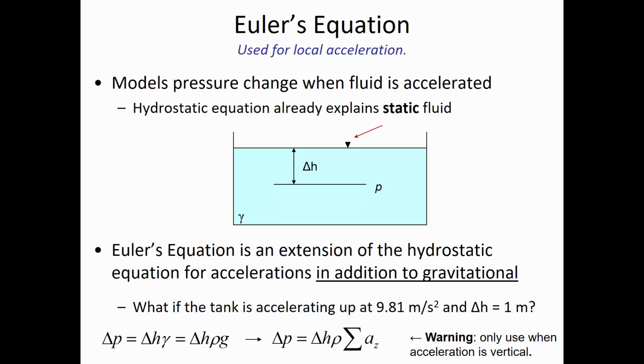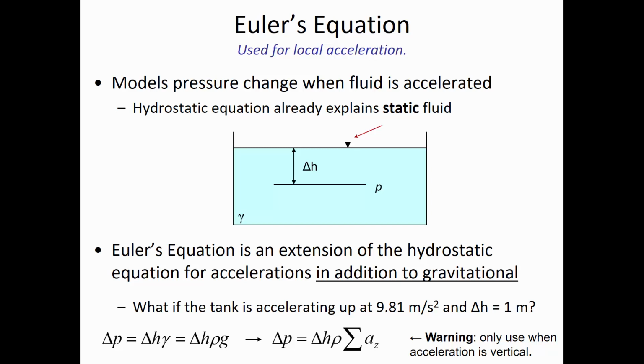But if the acceleration is in the same vertical direction as gravity, then what we could say is that the delta P is going to be 1 meter times the unit weight of the water, or if we're keeping the density separate, 1,000 kilograms per cubic meter, and we're adding the two accelerations together.